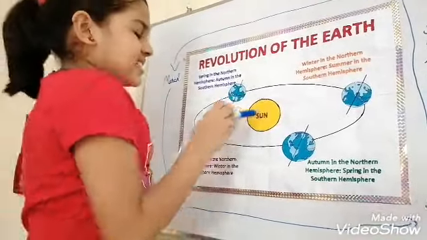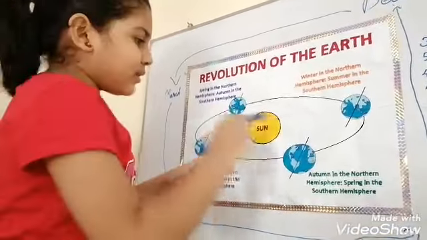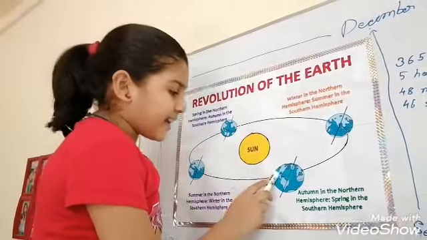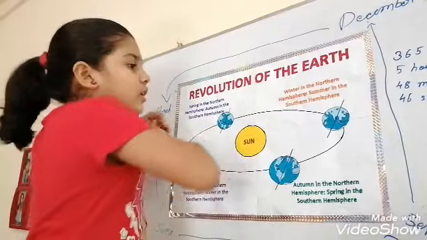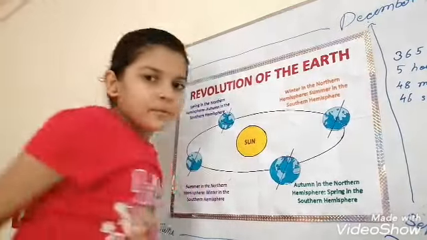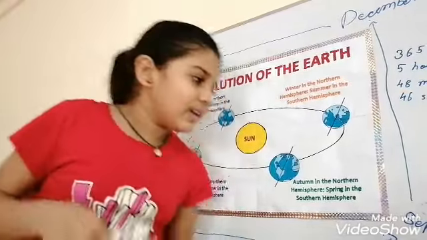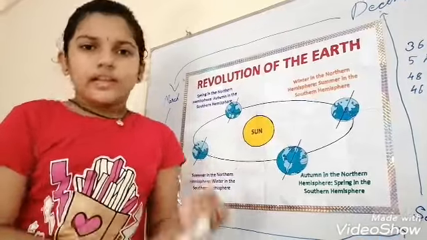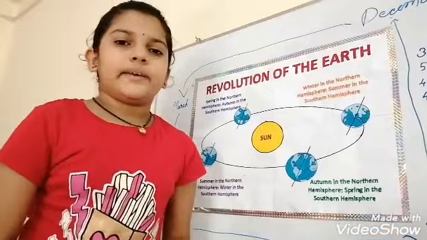The sun falls directly on the equator only, and then the hemispheres get the sunlight. That is why they always get more sunlight on the equator, and throughout the year they have hot weather. Indonesia has very hot weather as it is on the equator.